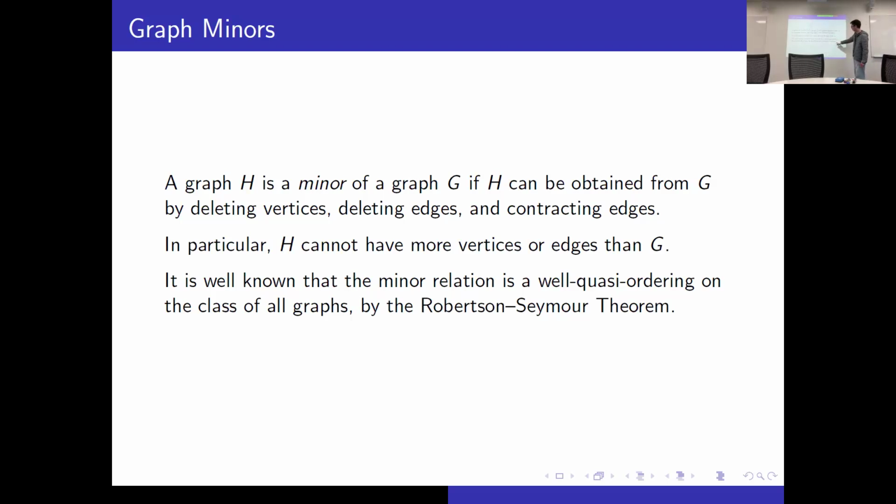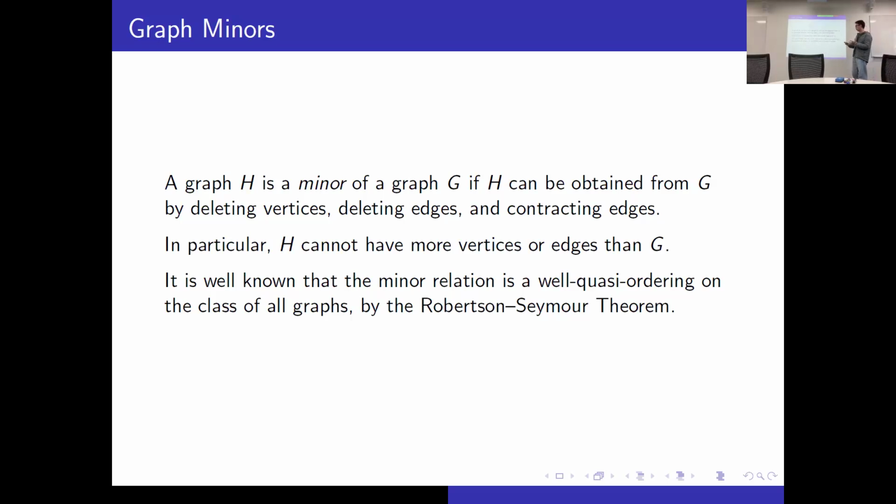One very important theorem in graph minor theory is the Robertson-Seymour theorem. It says that the minor relation is actually a well-quasi-ordering on any graph class. If you have a class of graphs and you order them by minor, first of all, it is a partial ordering. It's not hard to see that.